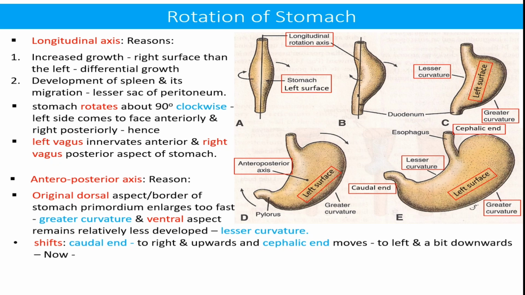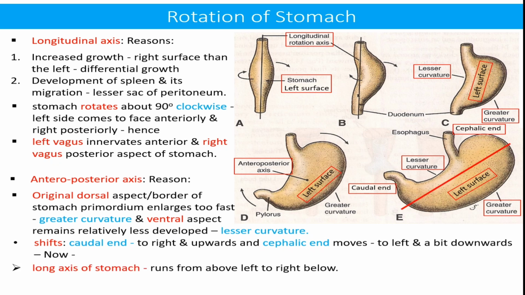This whole process of rotation around the anteroposterior axis leads to a shift of the caudal end of the stomach to the right and upward, and the cephalic end moves to the left and a bit downwards. Now, ultimately, the long axis of the stomach runs from above left to right below.